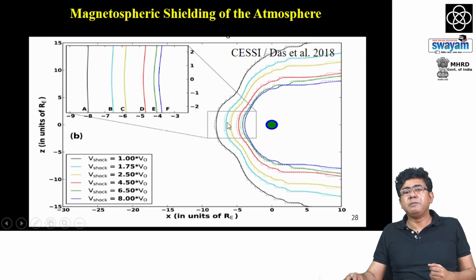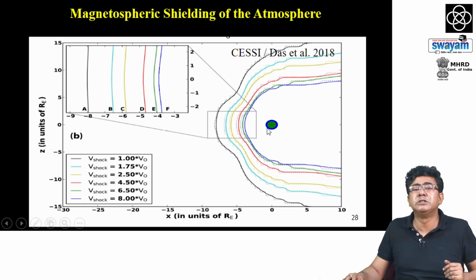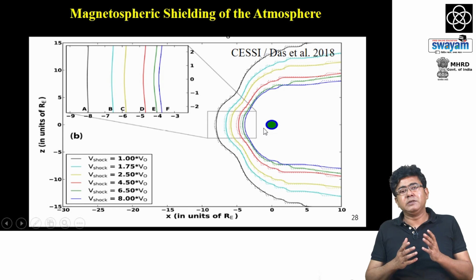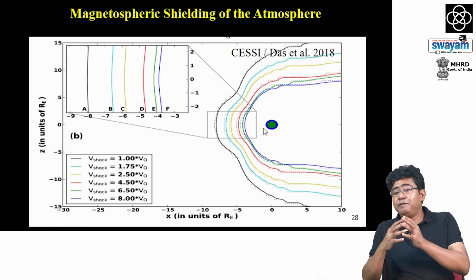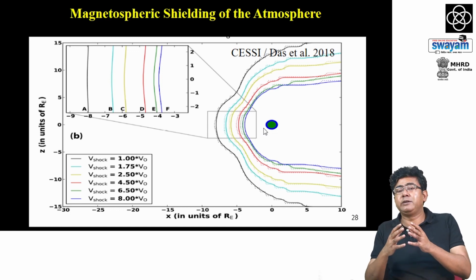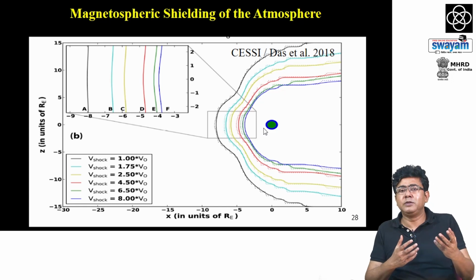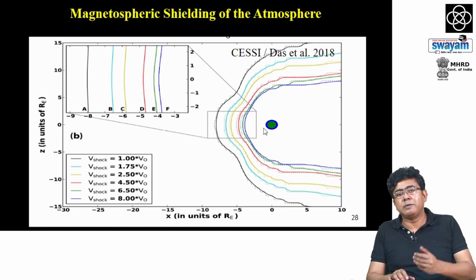So, if the wind speed and magnetic field is weak, the magnetospheric standoff distance is here, but it is pushed closer and closer to the Earth when the wind speed increases, which kind of gives you a sense of how the activity of the star is impacting your atmosphere and how the magnetic field of the Earth is helping protect it. So, it is kind of a very complex dynamics involving the strength of the stellar magnetic field, involving the strength of the Earth's magnetic field and the extent of the Earth's atmosphere.